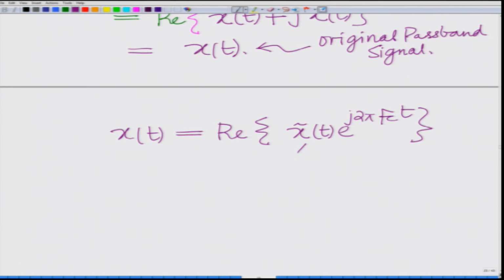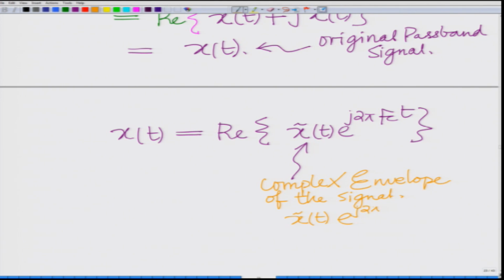So, this is acting as the amplitude of e to the power of j 2 pi f c t, or this is basically the complex envelope of the signal x tilde t e to the power of j 2 pi f c t, and the real part of that is basically your passband signal.